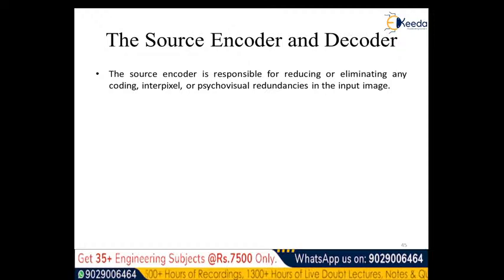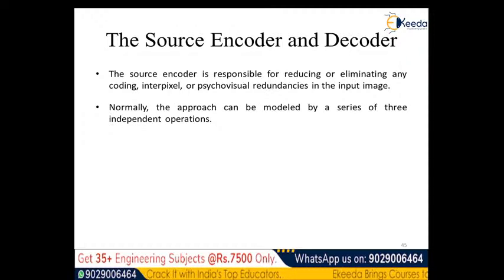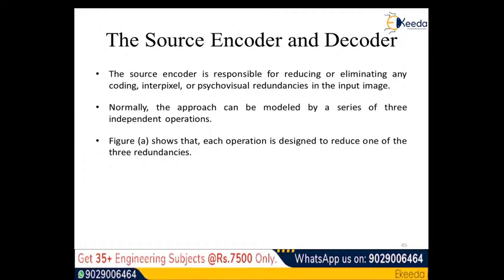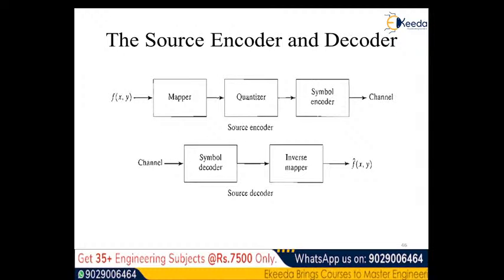Now this particular approach can be modeled by a series of three independent operations we see in the block schematics. These are basically the mapper, quantizer and the source symbol encoder, and figure A is describing this approach. We have figure B also that depicts the corresponding source decoder. Here in the block schematic on the left hand side we have f of x comma y, the original image.